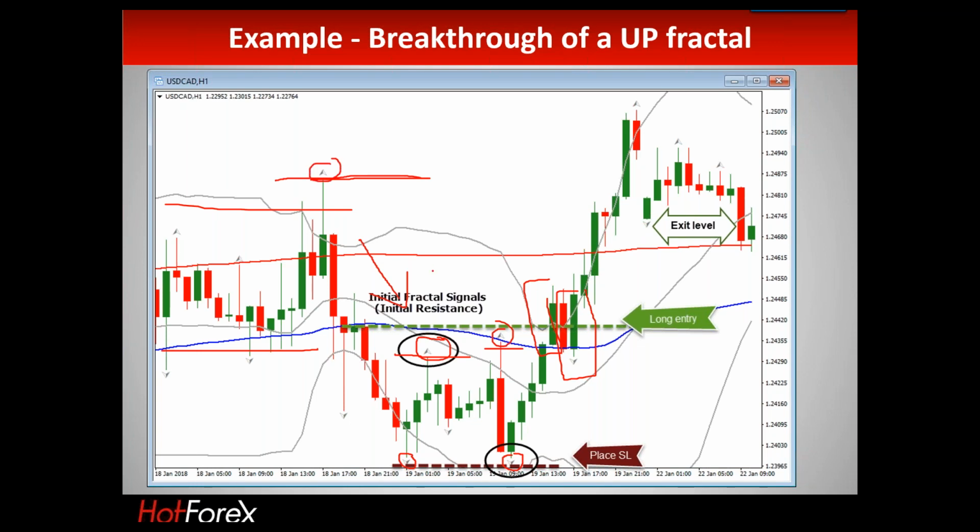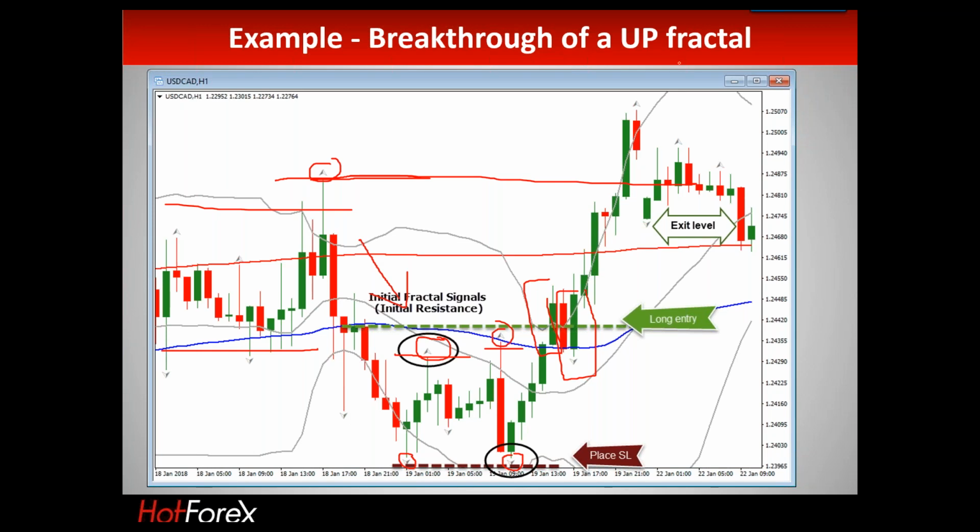You see, the latest up fractal that you had after the break of the resistance was over here. So that could be your exit area, or you can claim that your exit will be above the moving average. Let's say it's up to you. It depends on the risk and reward ratio that you are looking for.